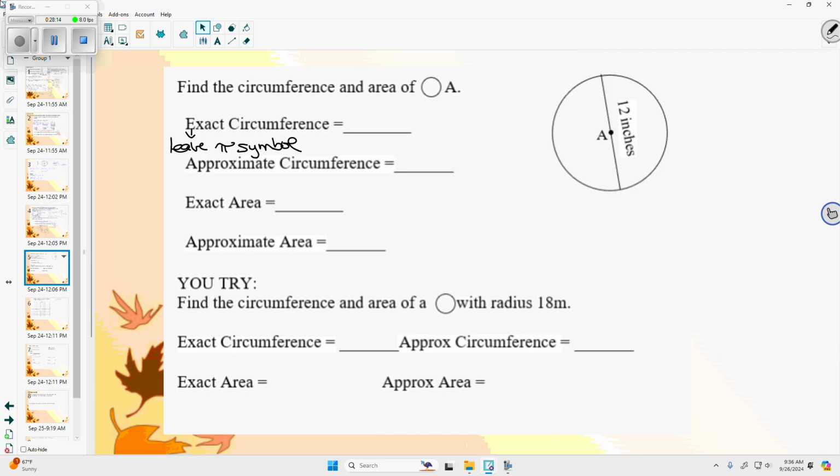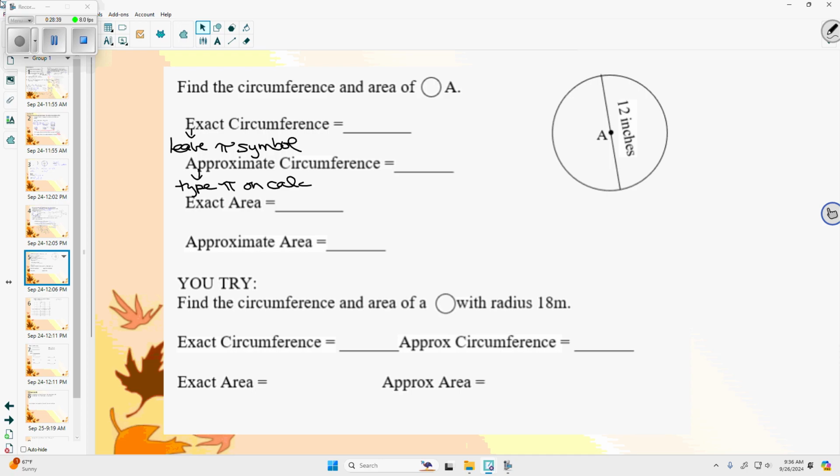When it is approximate, you will type the pi button on your calculator. Because the calculator has to round pi. Pi goes on forever. So even though the calculator has more decimals in it than we could use, it still is rounded somewhere. So it's an approximate answer.